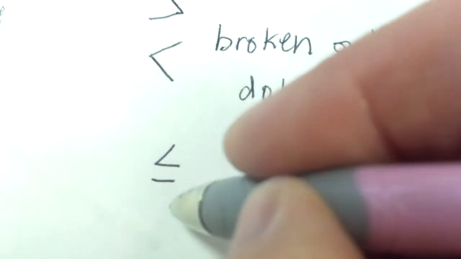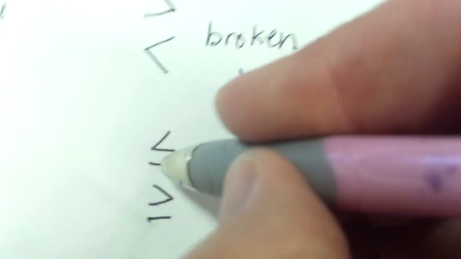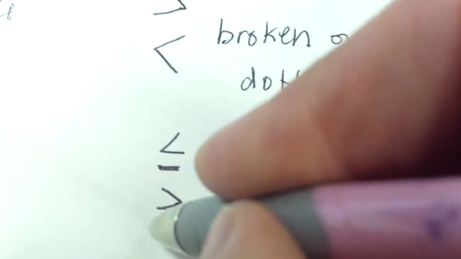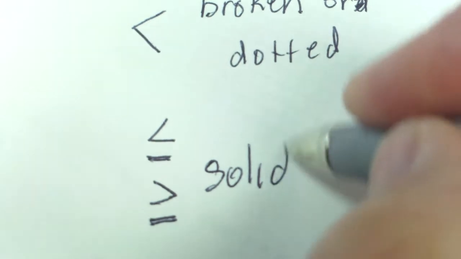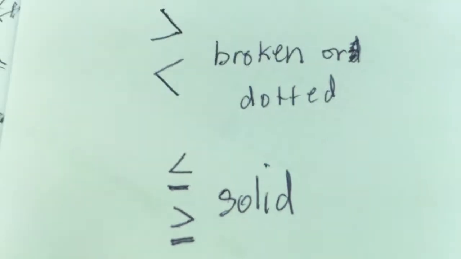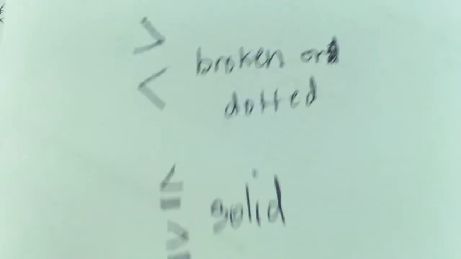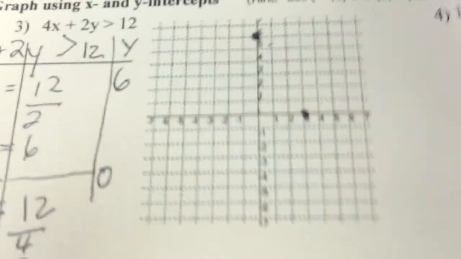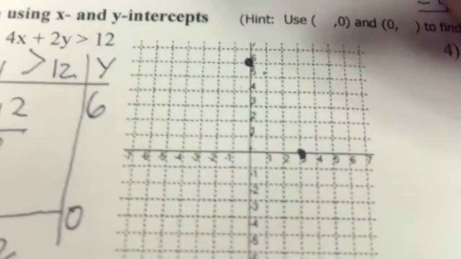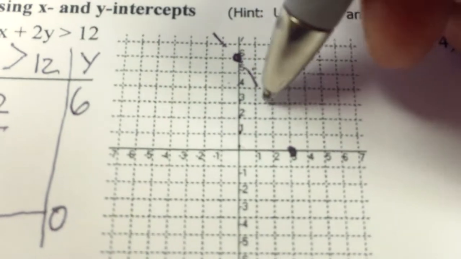If your inequality symbol looks like this or like this, the line right here tells you that your line is going to be solid. Okay? So if we look at this inequality symbol, there's no equal sign, so we know it's going to be a broken line. So here's our 2 points, and we're going to do a broken line.